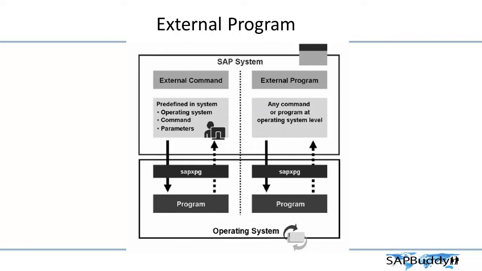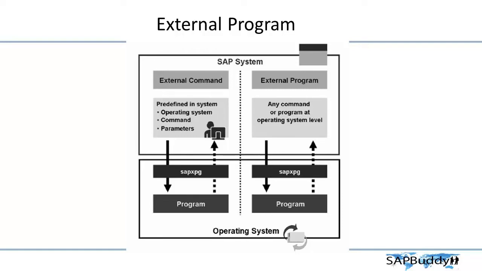So far, apart from ABAP programs, we can also schedule background jobs to run external commands and external programs. So external command and external program are slightly different. However, the execution method is the same, meaning it calls SAP XPG.